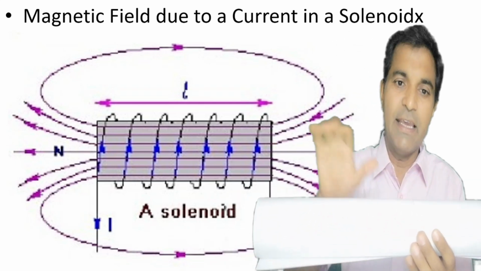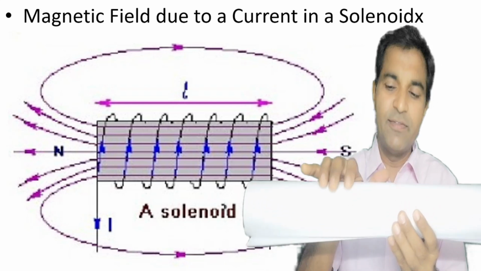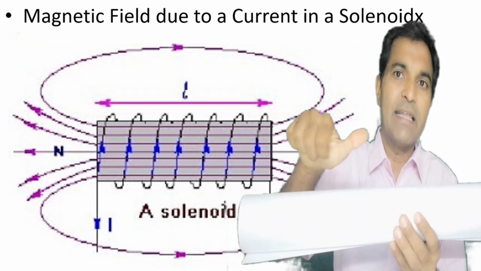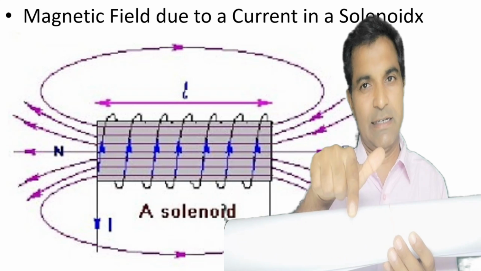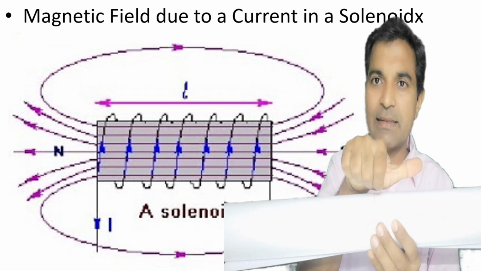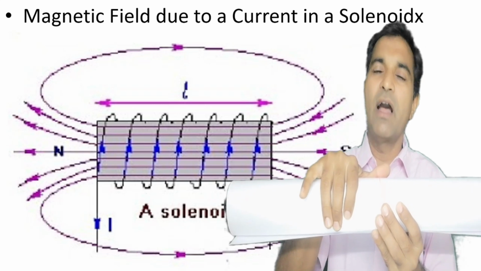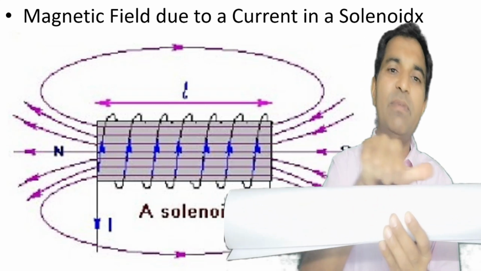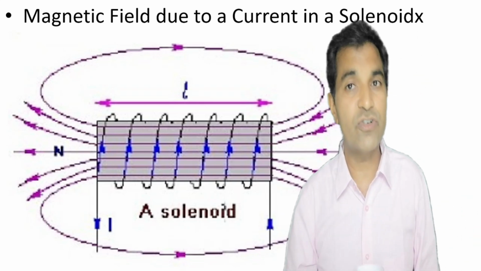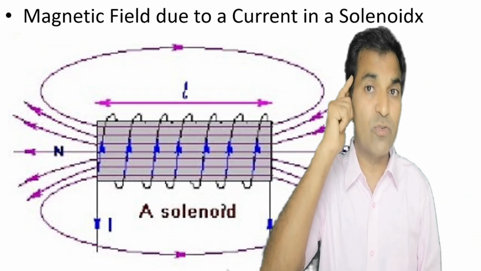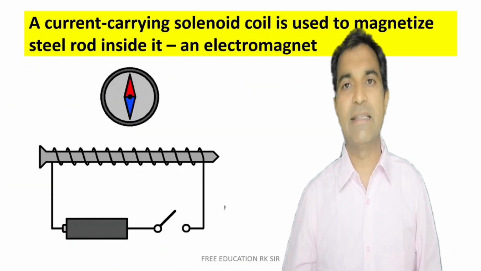So we may say, if the direction of the current in a solenoid is something like this, then the direction of the magnetic field produced due to this current will be something like this, meaning north will be here. If this is the direction of electric current, then north will be here and south will be here. Again I am repeating, you will have to try to visualize the concept in your mind, then you will be able to understand.